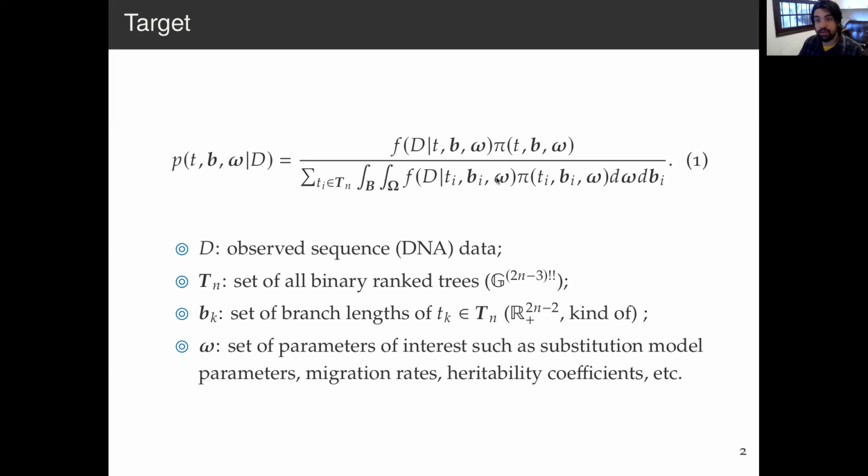I am aware that we usually don't write the normalizing constant because we usually don't need that to sample from the target. But here I did this intentionally to try and convey the complexity of the problem, right? This is a very hard problem because after you integrate over branch lengths and parameters of interest, you'll still have to sum over all of the trees. And it's this discrete component that obstructs exploration, right? That gets in the way.